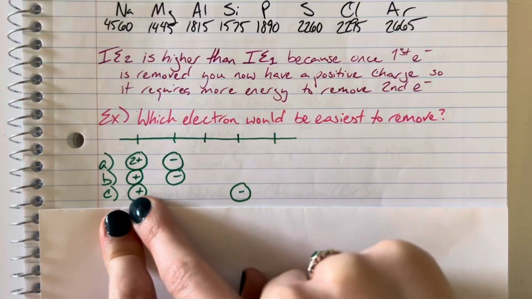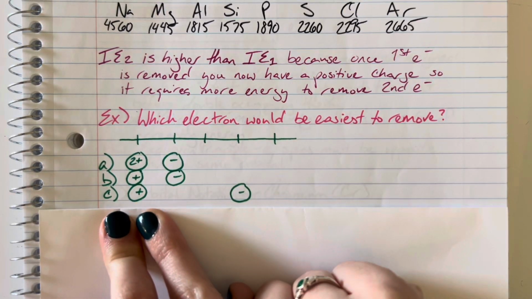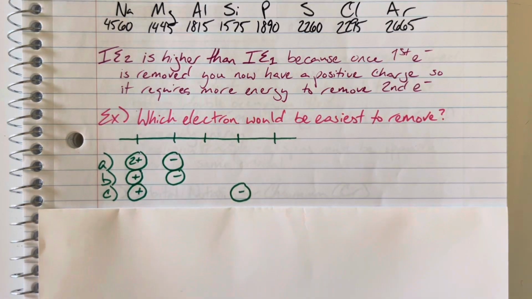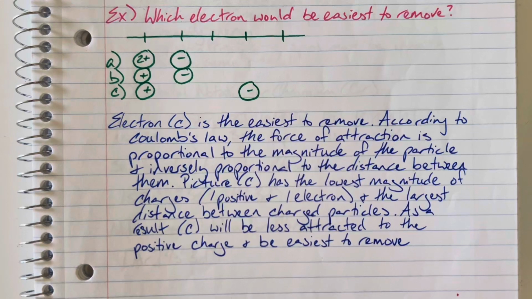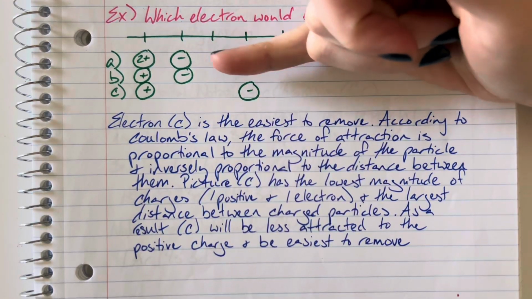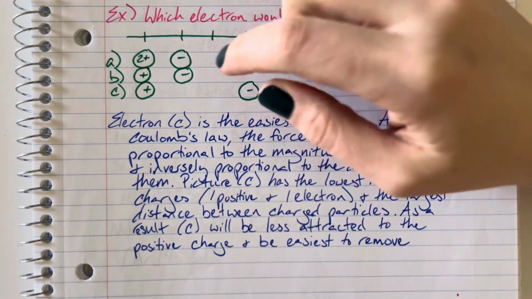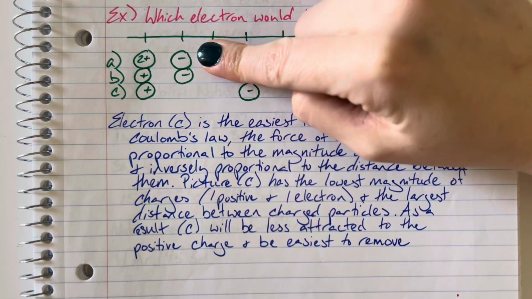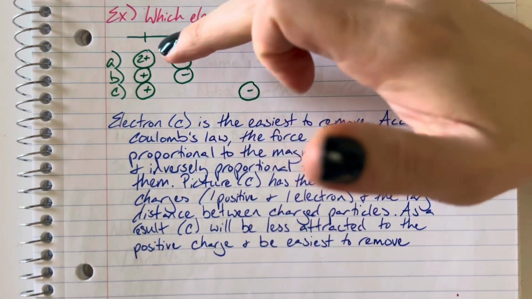So you can think of these positives as our nucleus and these negatives as our electrons. Again, we are going to be most concerned with the distance, and that will be our determining factor. So between A and B, we can see that A is going to be more difficult than B because we have a larger charge differential, and those are being multiplied together.